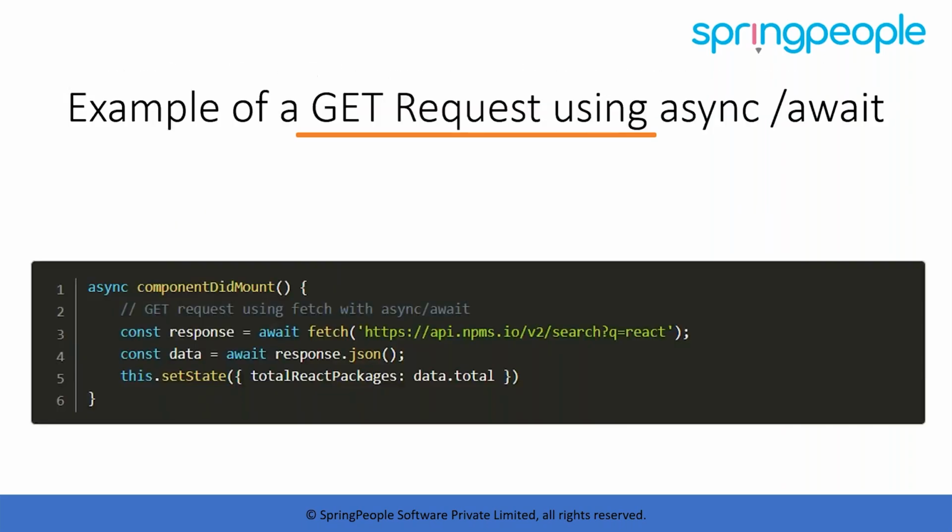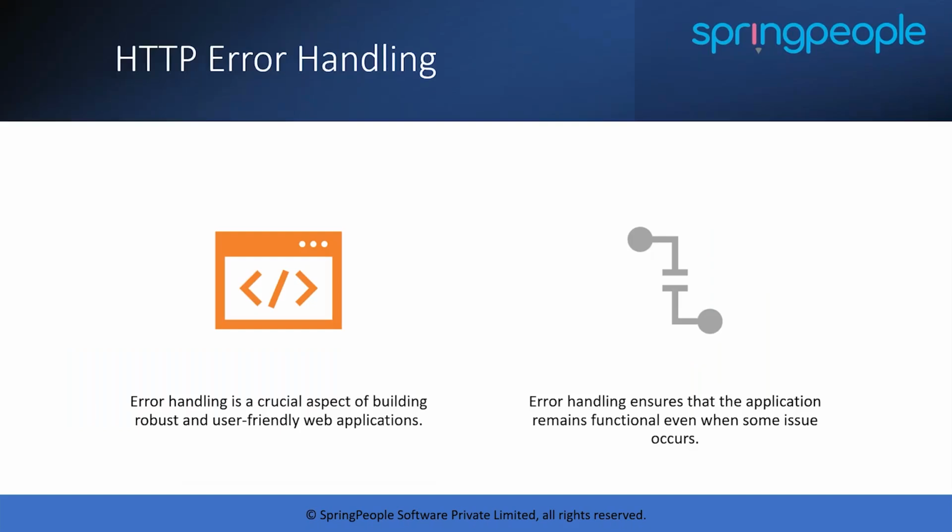So let me just take a look. Let's quickly have a look at the different kinds of errors that we have. When we work with React, we have syntactical errors. We also have errors which are component based, and errors which occur during rendering.